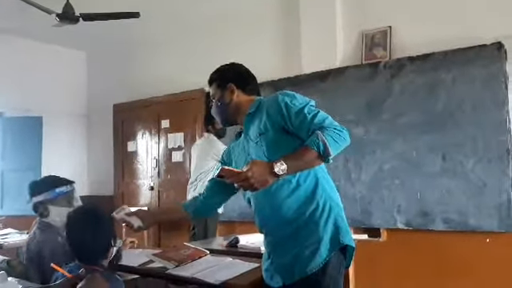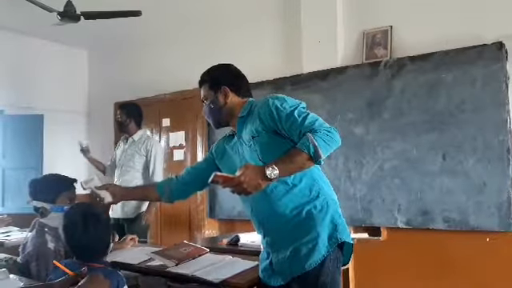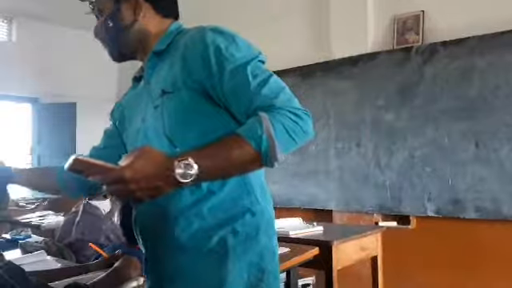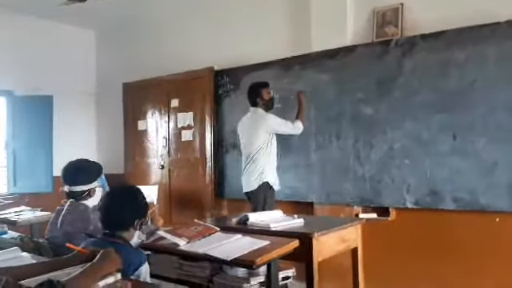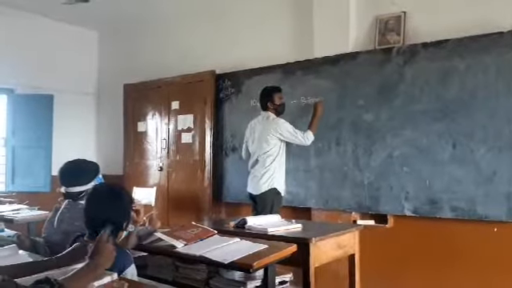Two terms. This is an expression of two terms. When an expression contains two terms, what is it called? It's a binomial. Very, very good. So, you have given me an example of a binomial.